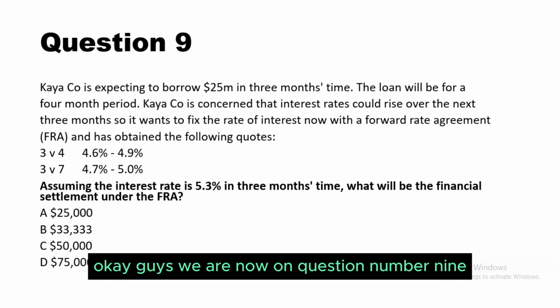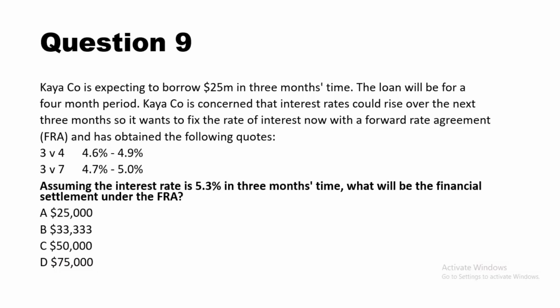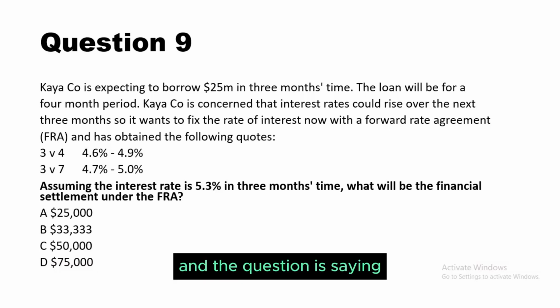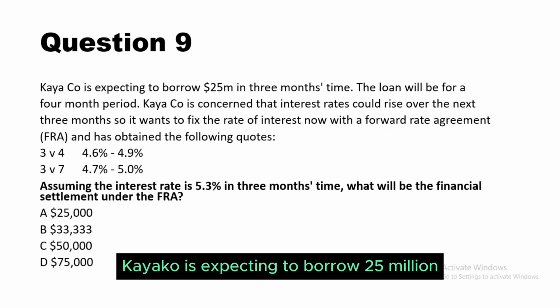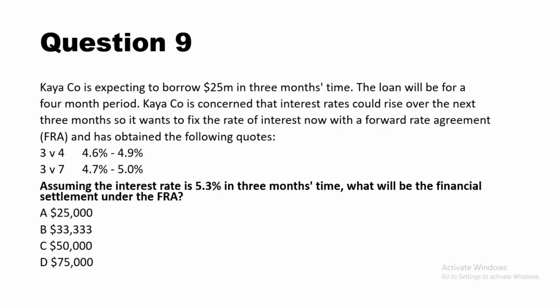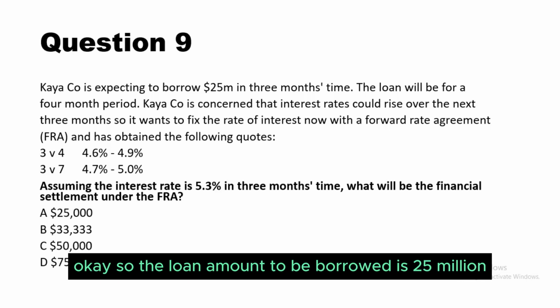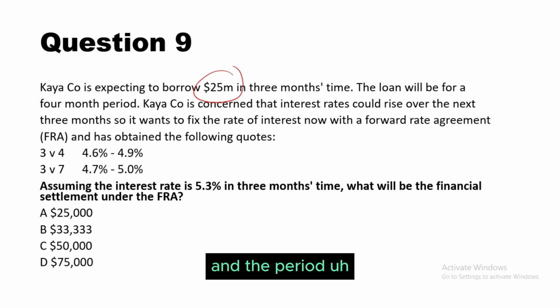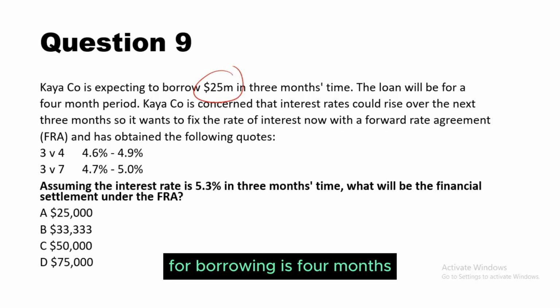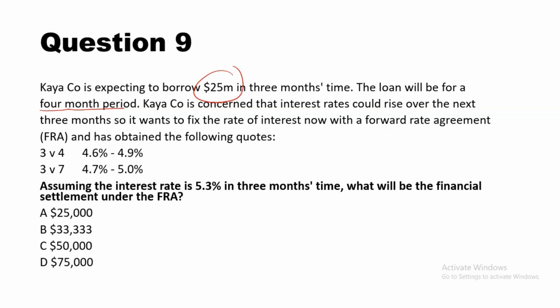Okay, guys, we are now on question number 9. And the question is saying, Kayako is expecting to borrow 25 million in 3 months' time. The loan will be for a 4-month period. Okay, so the loan amount to be borrowed is 25 million, and the period for borrowing is 4 months.